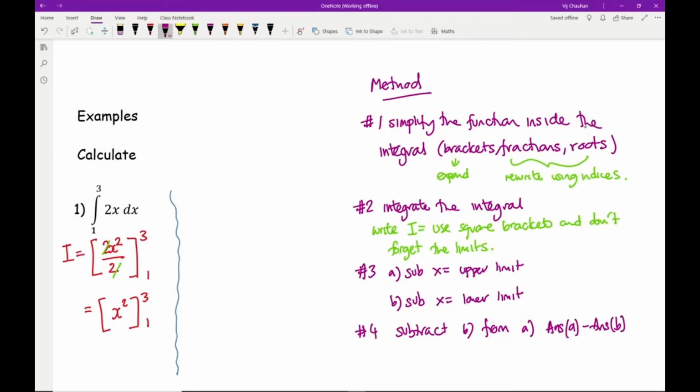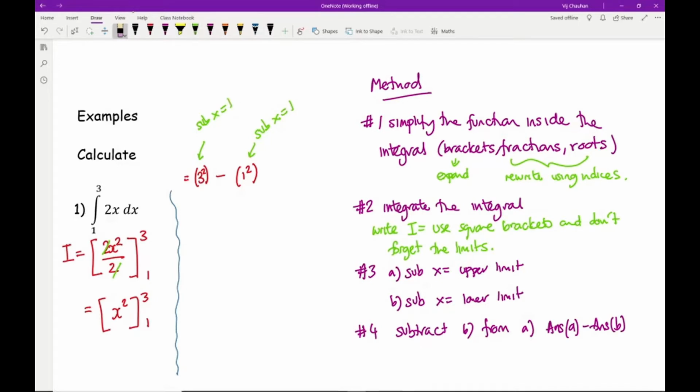So if I just go through the steps, let's get the red pen back. I'm going to substitute 3. So if I write this in, I've got 3 squared minus 1 squared. Here I've substituted x equals 3, and here I've substituted x equals 1.